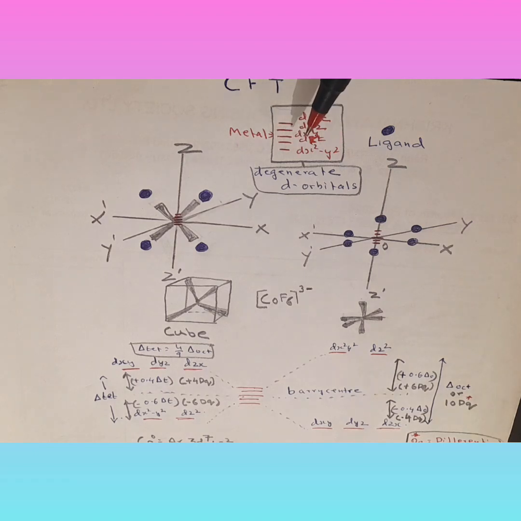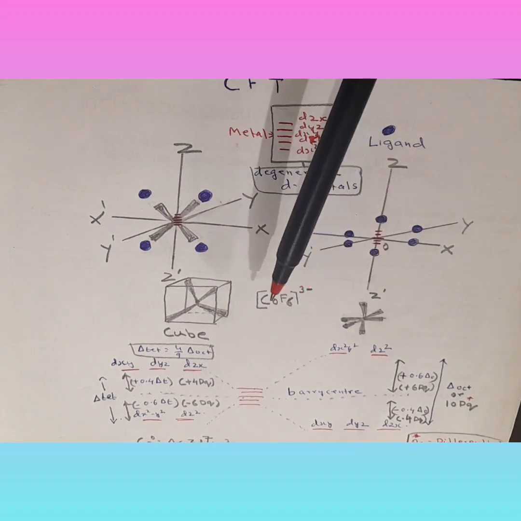This is what we have studied. Now, what do you understand by degenerate d orbitals? Degenerate d orbitals means that all 5 orbitals are at an equivalent energy level.